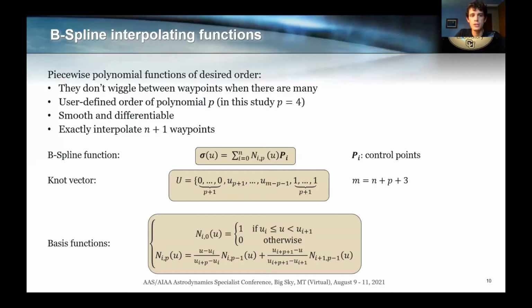For this implementation, an order P equal to 4 is sufficient to provide first and second order derivatives that are also smooth piecewise polynomial. And these B-splines manage to exactly interpolate n+1 waypoints. The strength of using B-spline interpolating functions as opposed to regular polynomial interpolating functions is that, being piecewise polynomial, they don't wiggle between the waypoints as the number of waypoints grows.